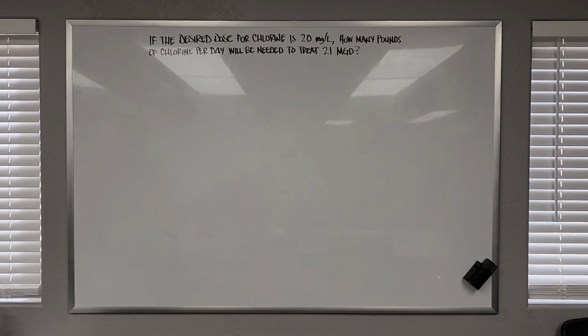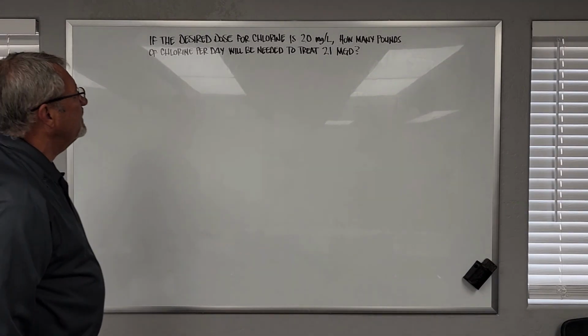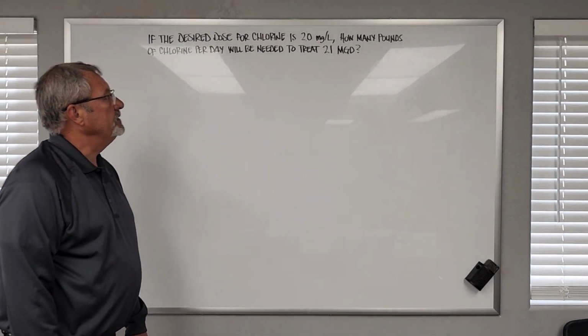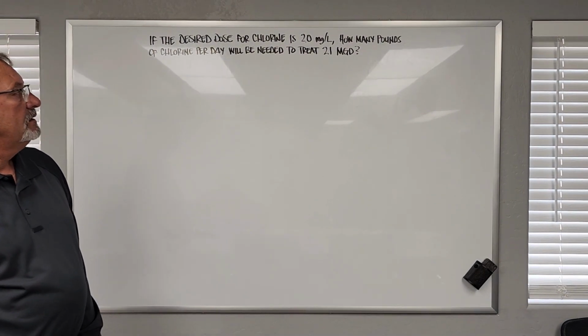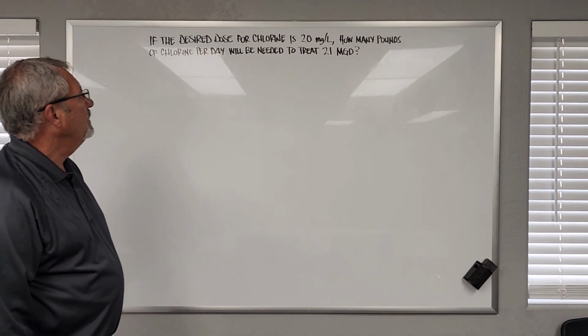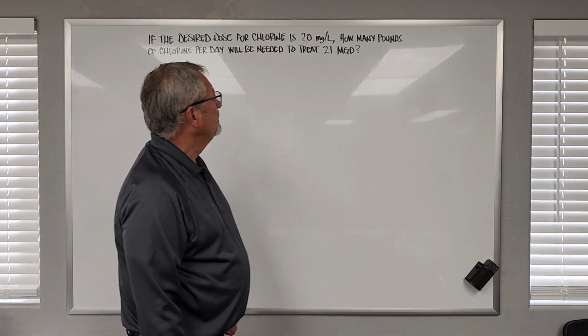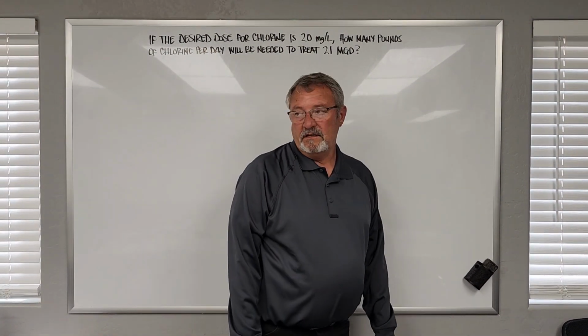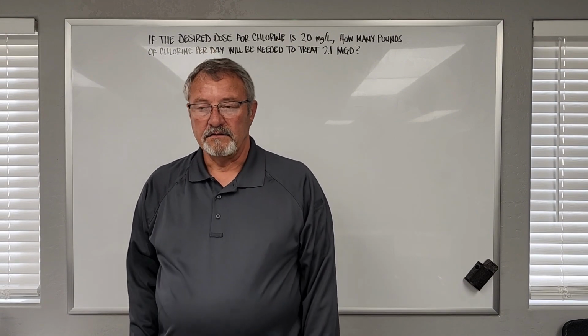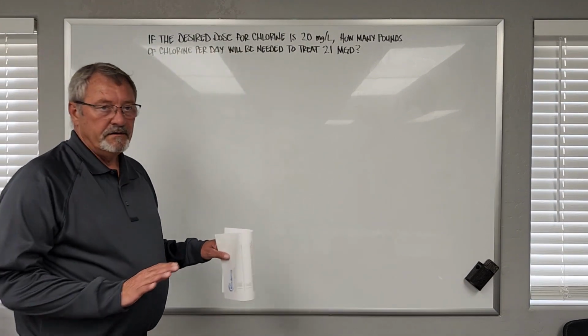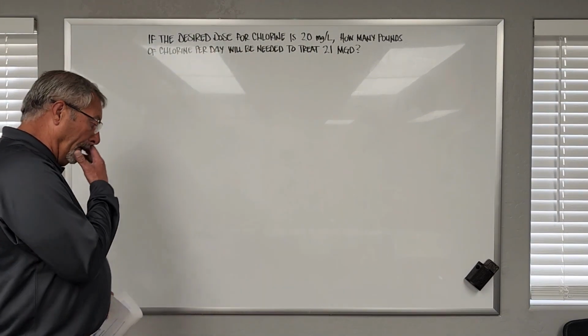Okay, the next question. If the desired dose for chlorine is 2 milligrams per liter, how many pounds of chlorine per day will be needed to treat 2.1 MGD? There are a few things in here that every operator in this industry needs to know.